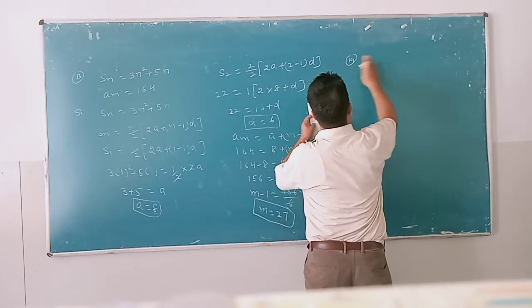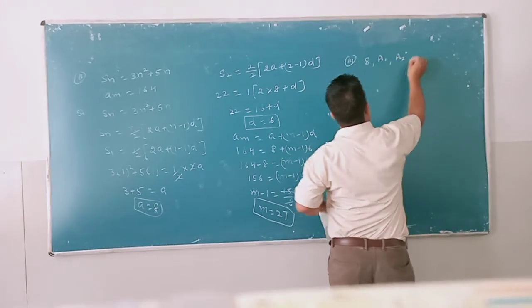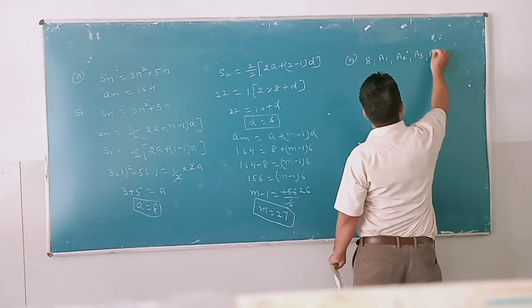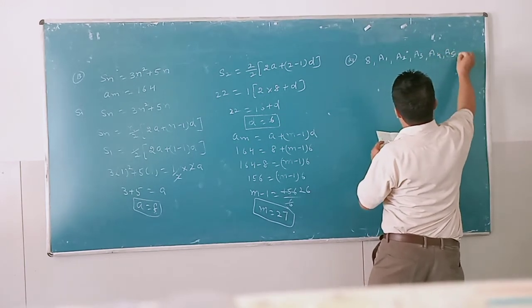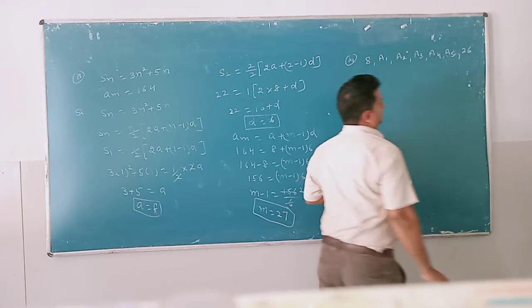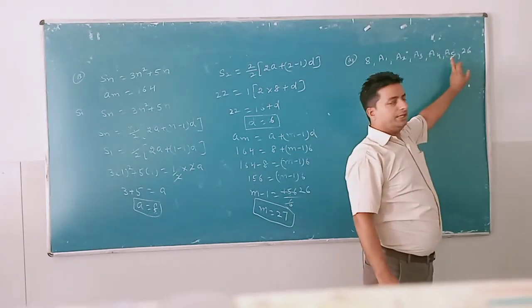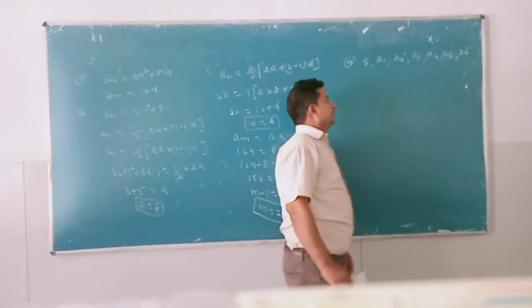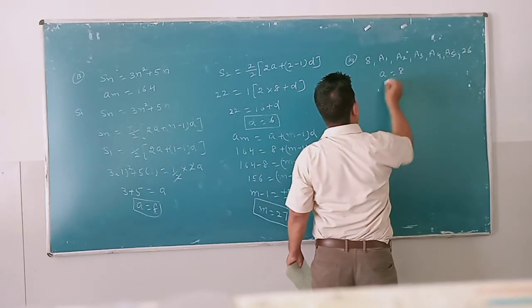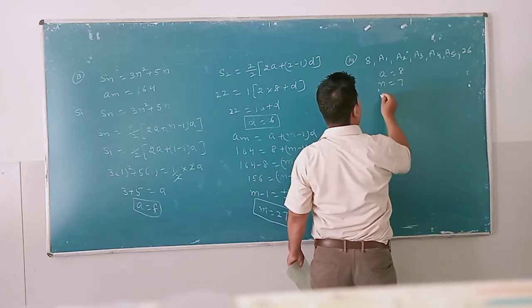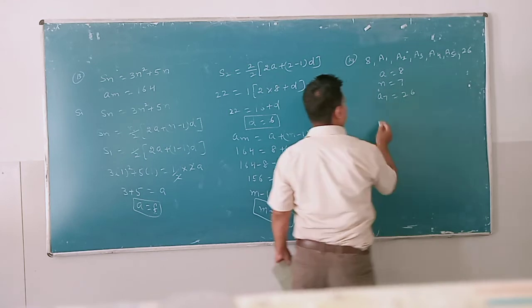We insert the first number A1, second A2, A3, A4, A5 between 8 and 26. In this, a is 8, the number of terms is 7, and the last term A7 is 26.